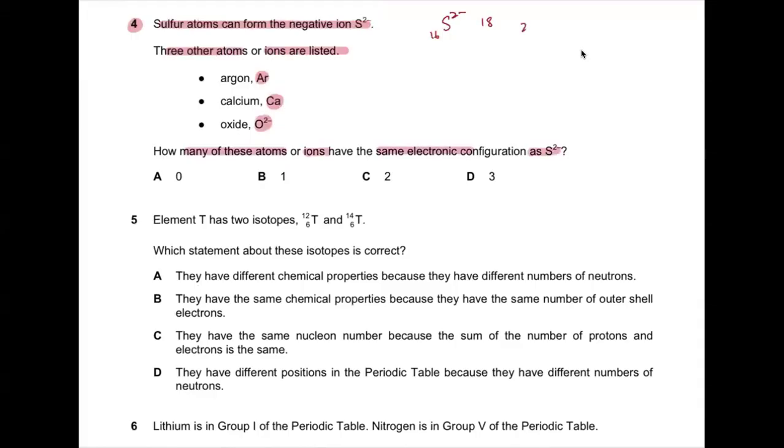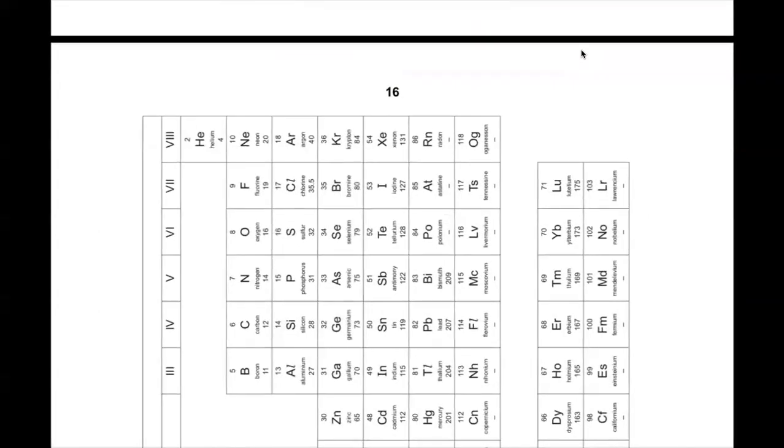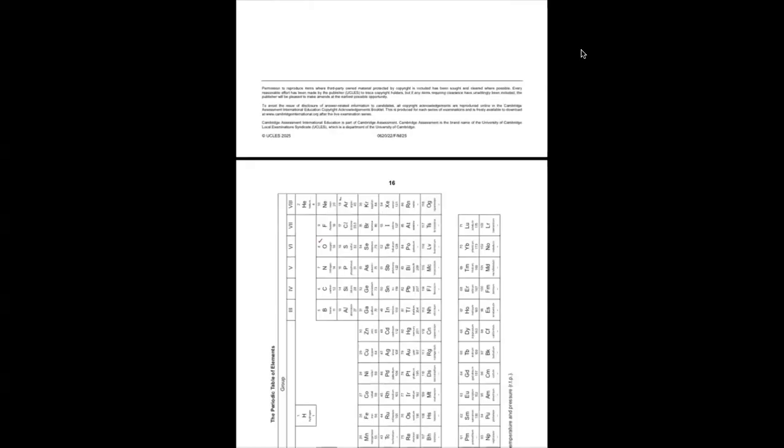18 electrons means 2, 8, 8. Then if I look at argon, argon is 18, calcium is 20, and oxygen is 8.